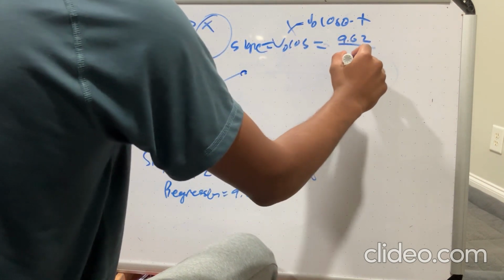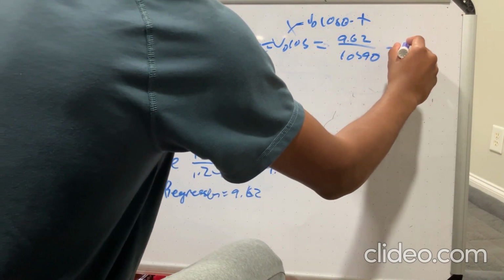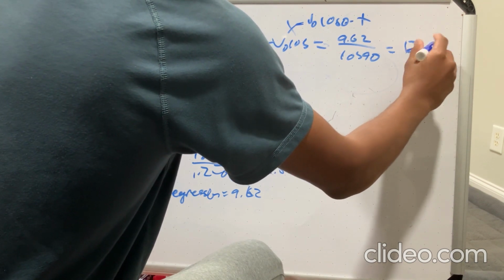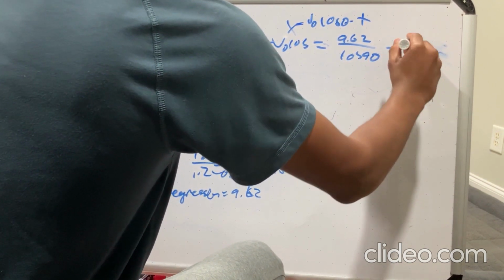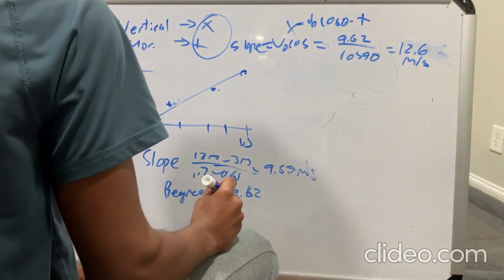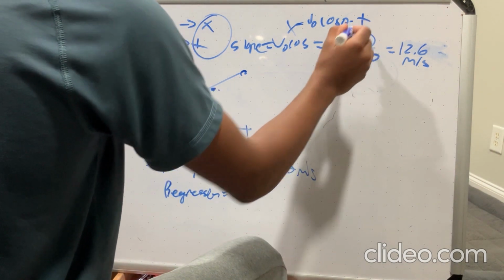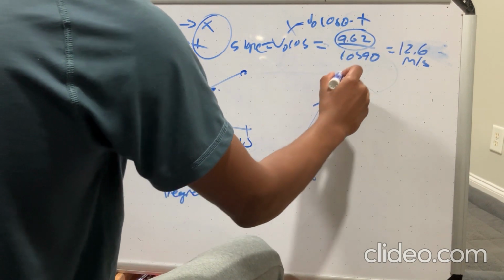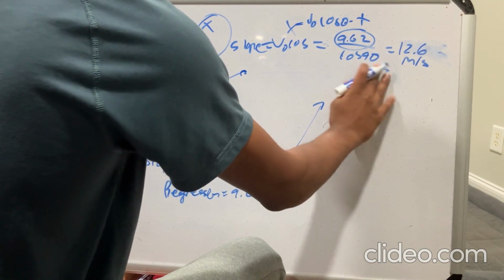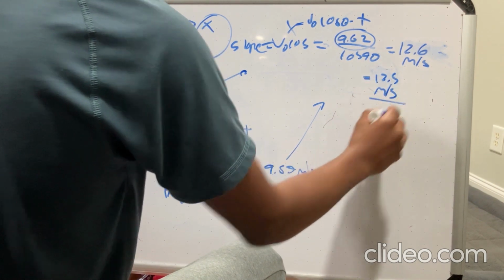You would divide by 9.62 and cosine of 40, which would give you 12.6 meters per second. And then similarly, if you just plug this with 9.57, you would get an equivalent 12.5. Oh my gosh, 12.5 meters per second.